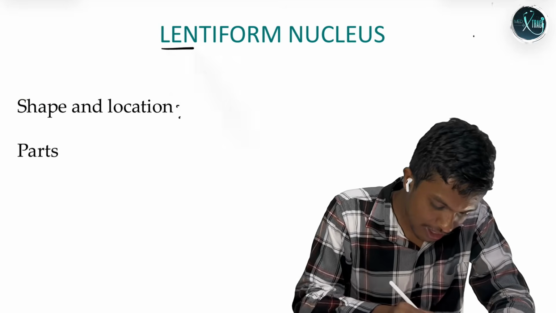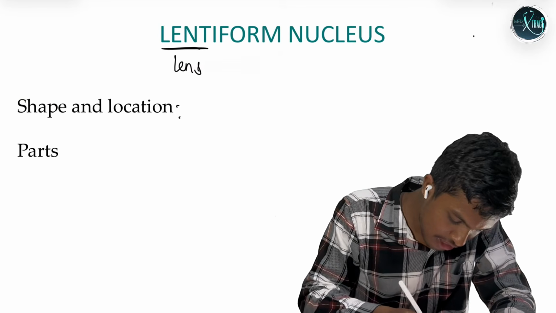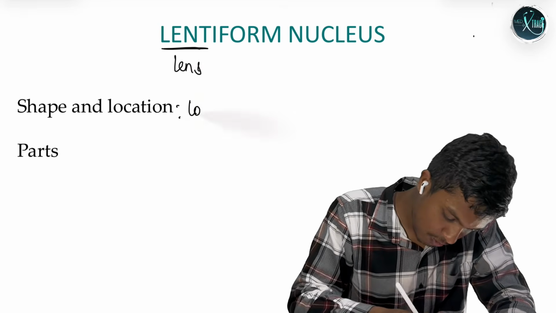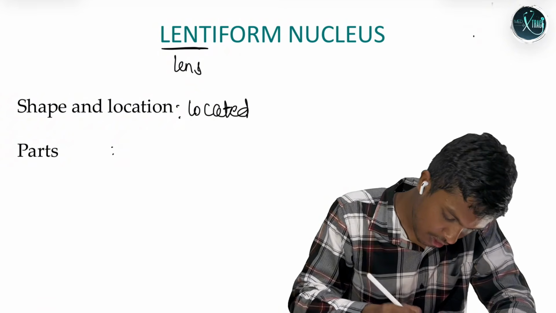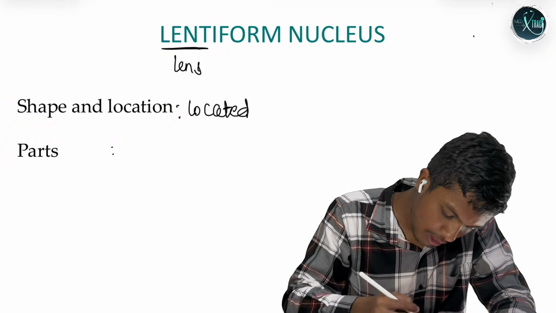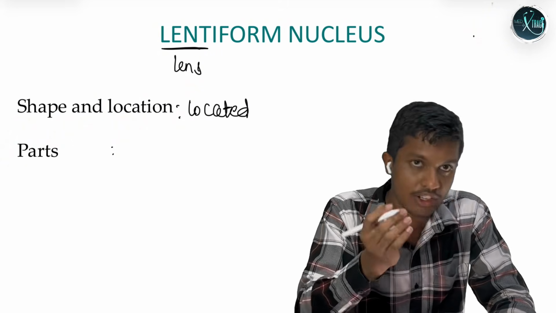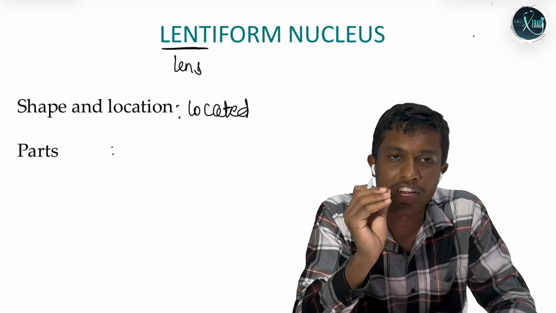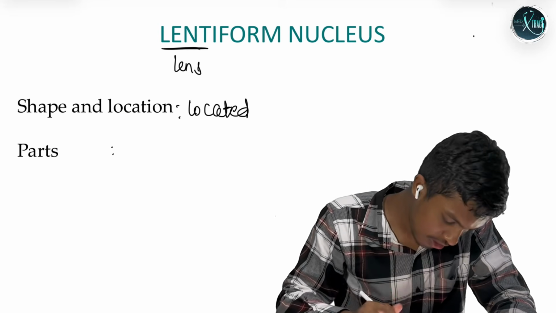Lentiform nucleus: lenti refers to lens, so it is lens shaped, and it is located just below and lateral to the caudate nucleus, connected anteriorly with the caudate nucleus.